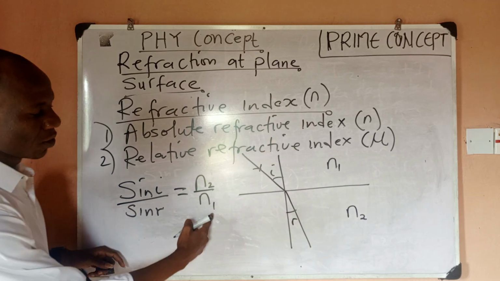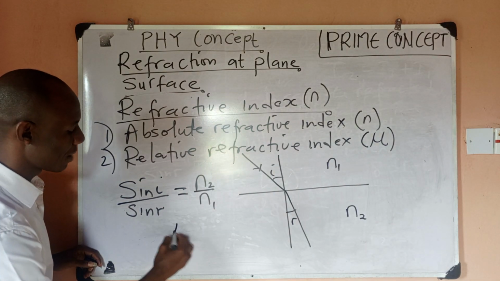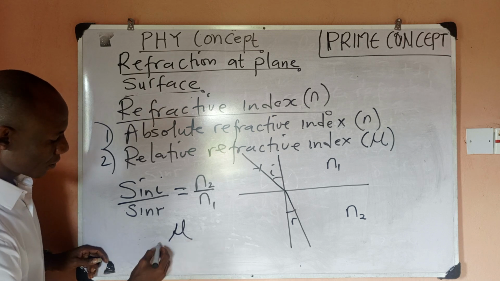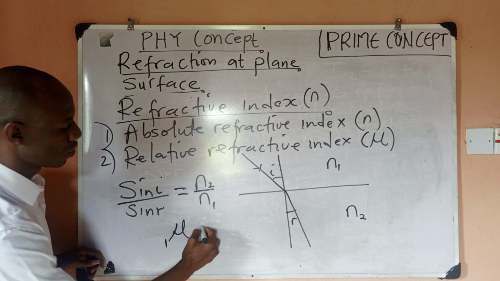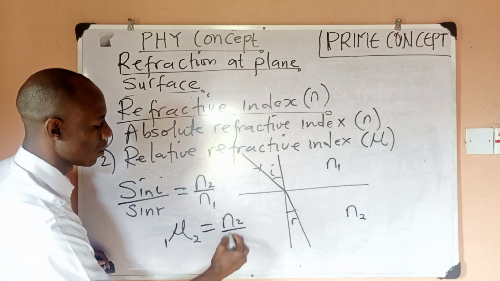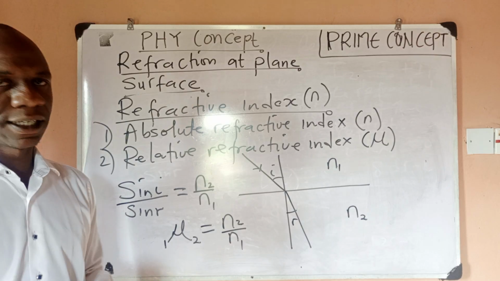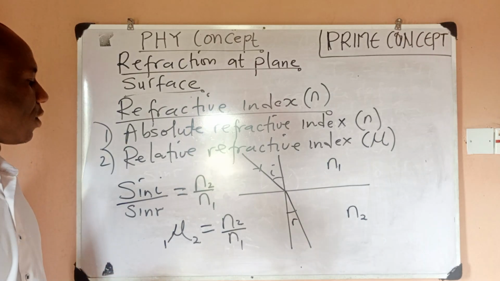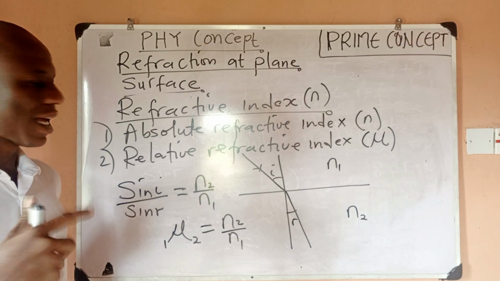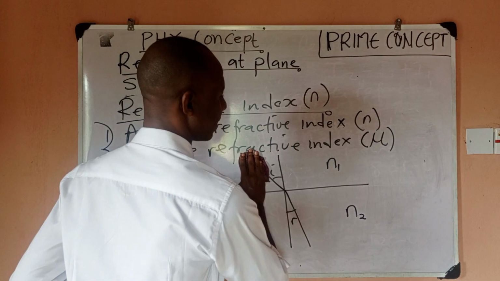So this is what Snell's law is actually saying. And what is N2 over N1? N2 over N1 is usually denoted by this mu from medium 1 to 2. For the sake of simplicity, which is actually preferred by me, you can simply interpret Snell's law like this.